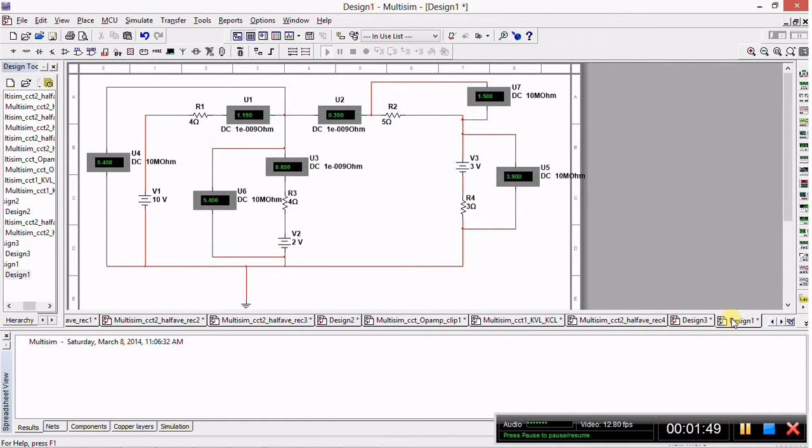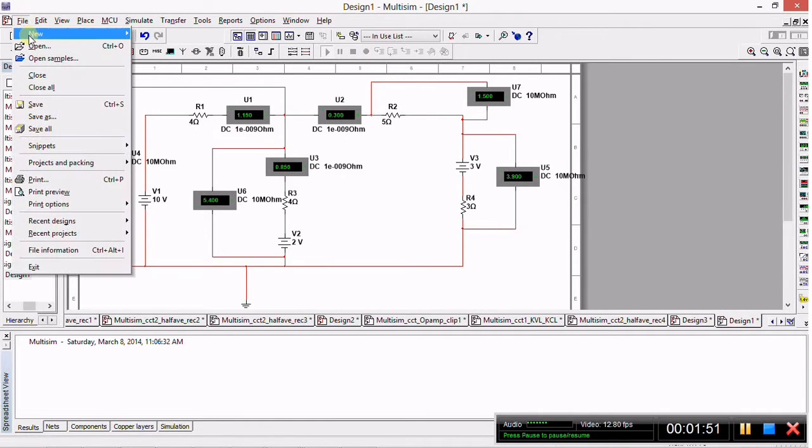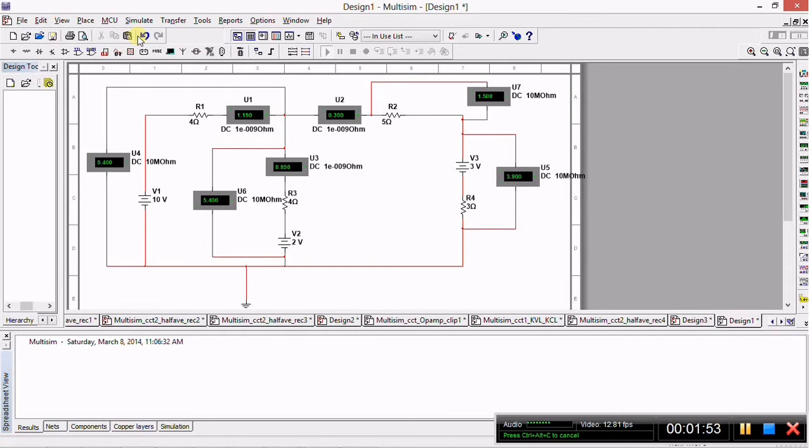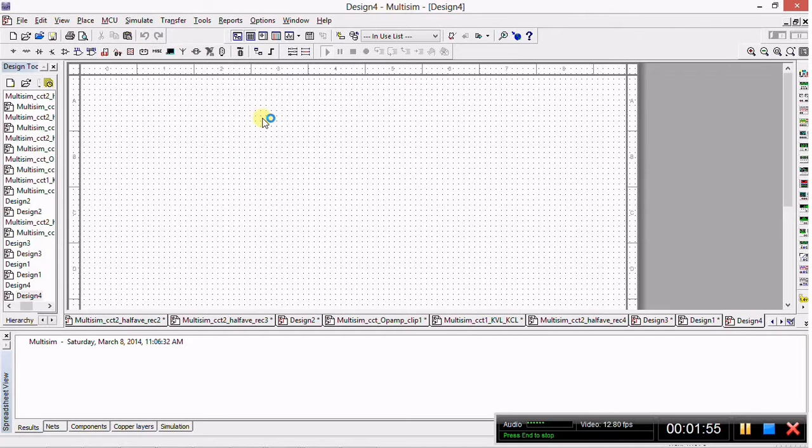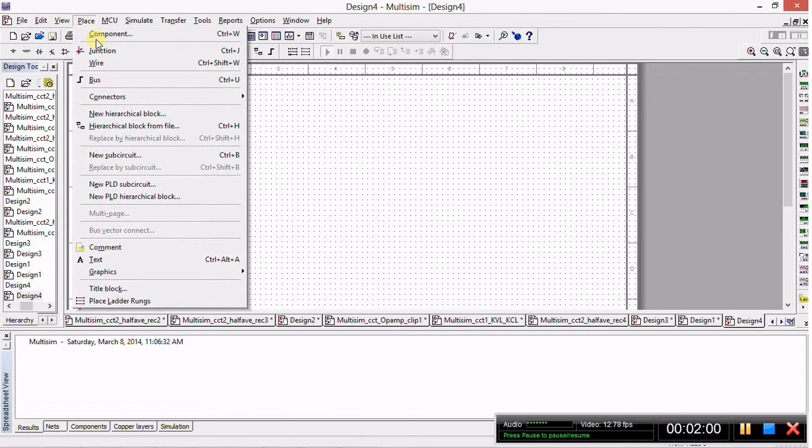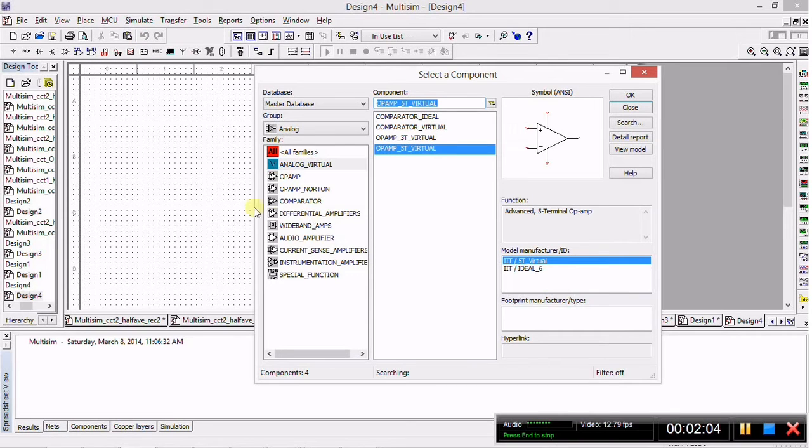We'll start by creating a new design, and I'll place the components on the workspace. You know how to connect them by now. The components we'll be newly exposed to are the op amp and the varying voltage source. Actually, you saw the varying voltage source, so it's just the op amp that's new.